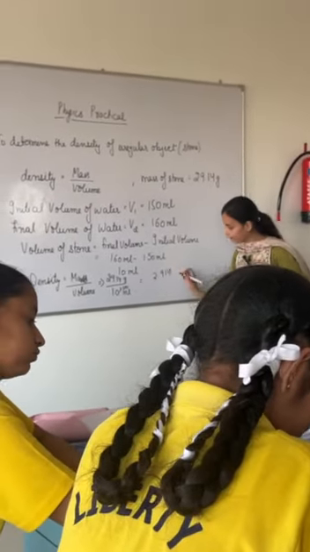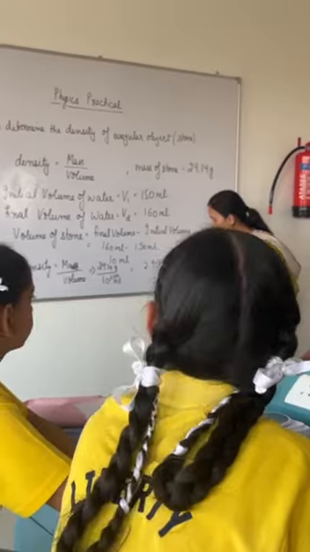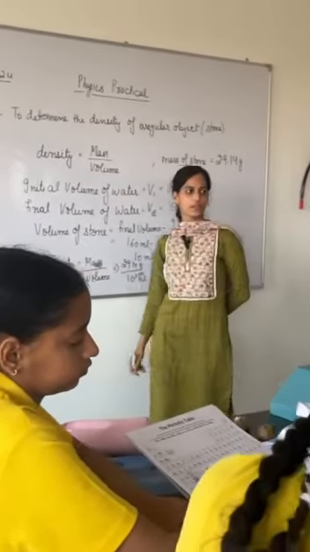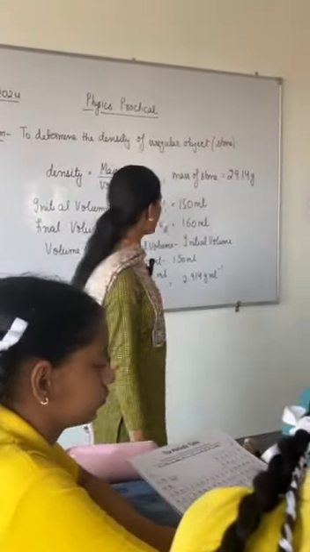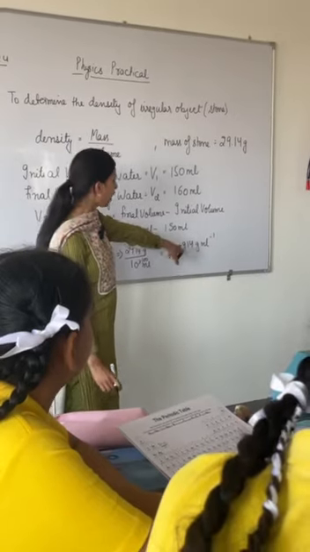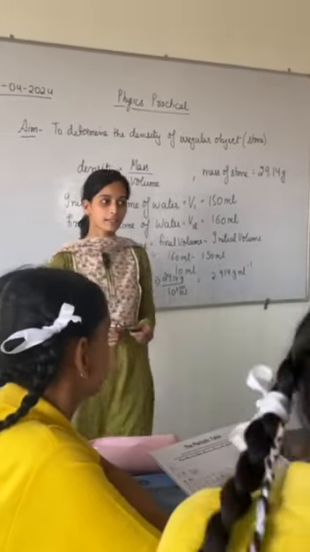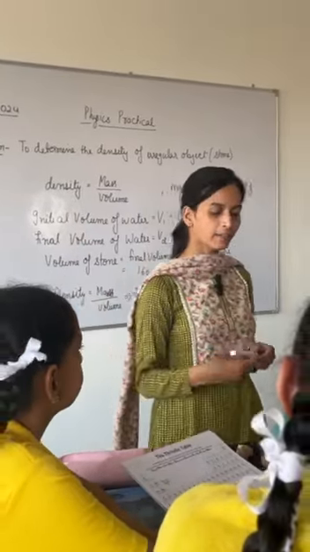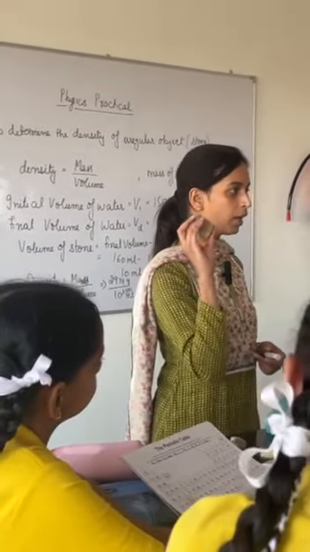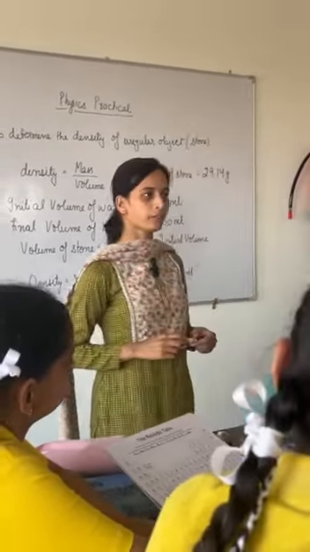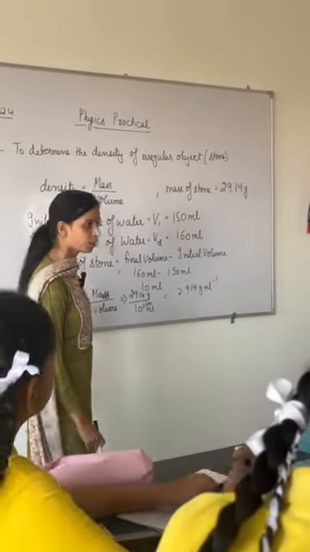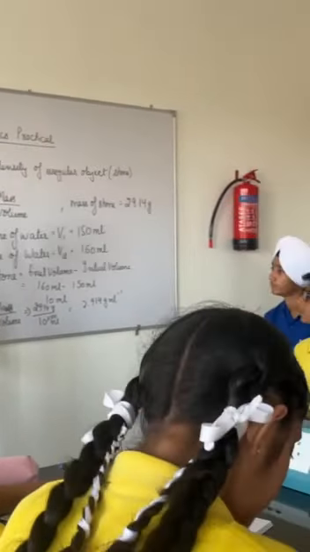Gram per milliliter. So the density of the irregular object, the stone, is 2.914 gram per milliliter. Now you get the idea how we find the density of an irregular object? Clear?